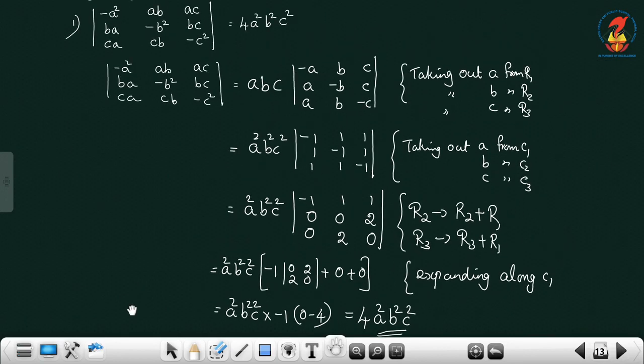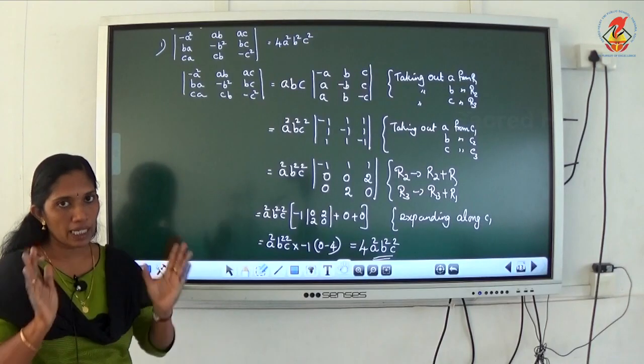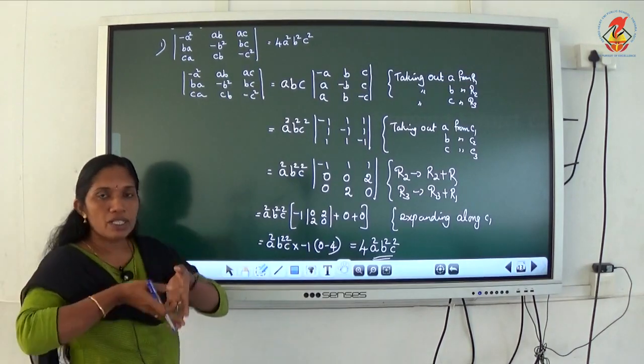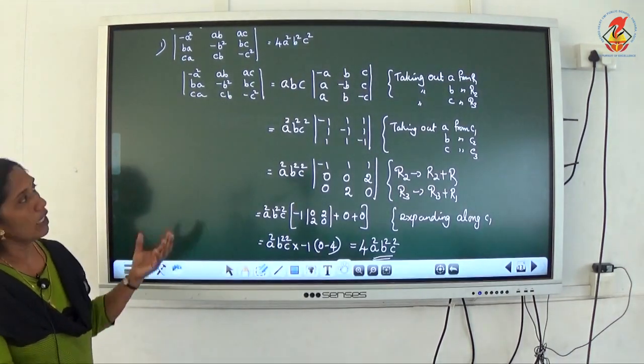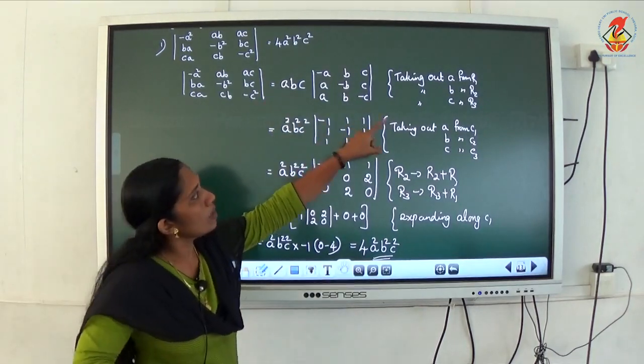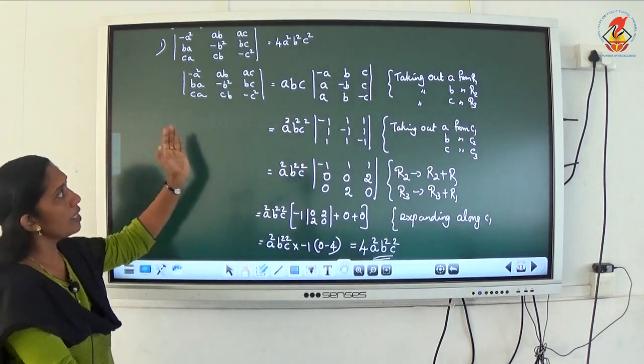So once again you check. We have to prove this using properties of determinants. So first you have to check all the 9 elements, row wise or column wise, and anything common you can take outside. First step is from row 1 a, row 2 b, row 3 c we take outside.